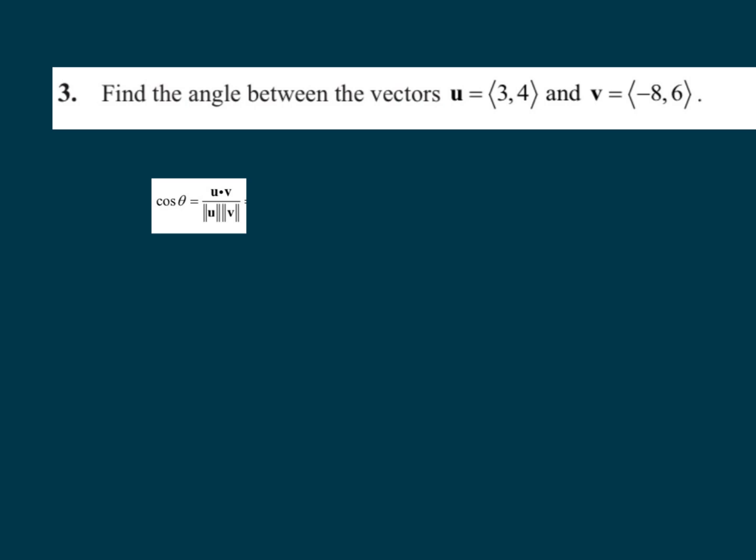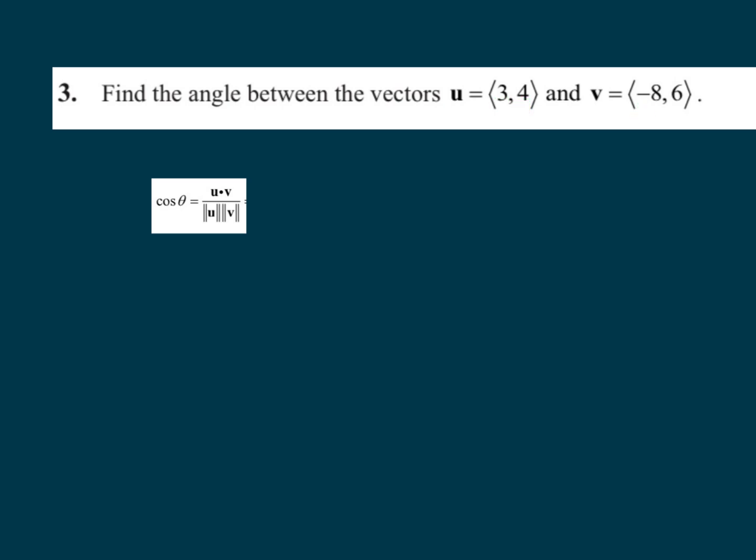If we plug in the data, u dot v is 3 multiplied by -8 plus 4 multiplied by 6, divided by the magnitude of (3, 4). The magnitude of (3, 4) is the square root of 3 squared plus 4 squared.